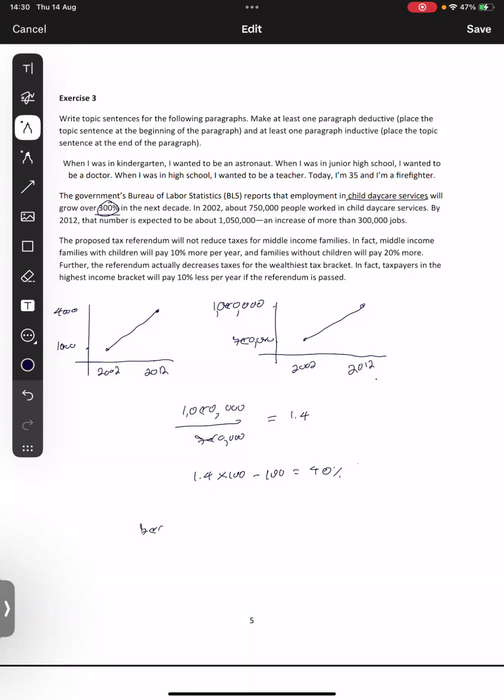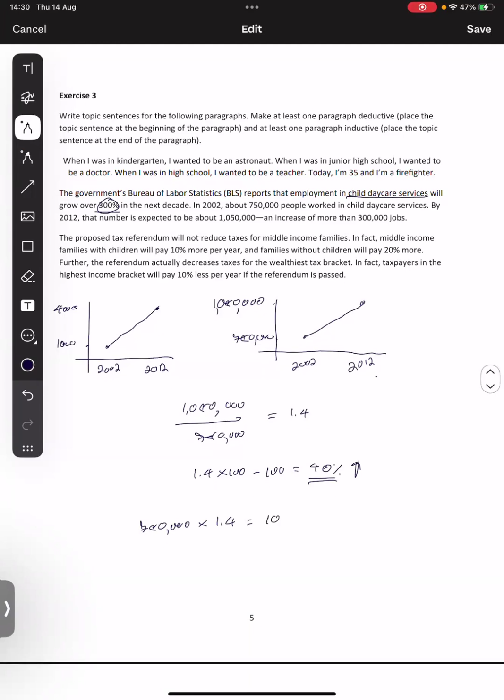Okay, 750,000. And because it's an increase by 40%, so we multiply that by 1.4. 750,000 multiplying 1.4 is equal to 1,050,000.